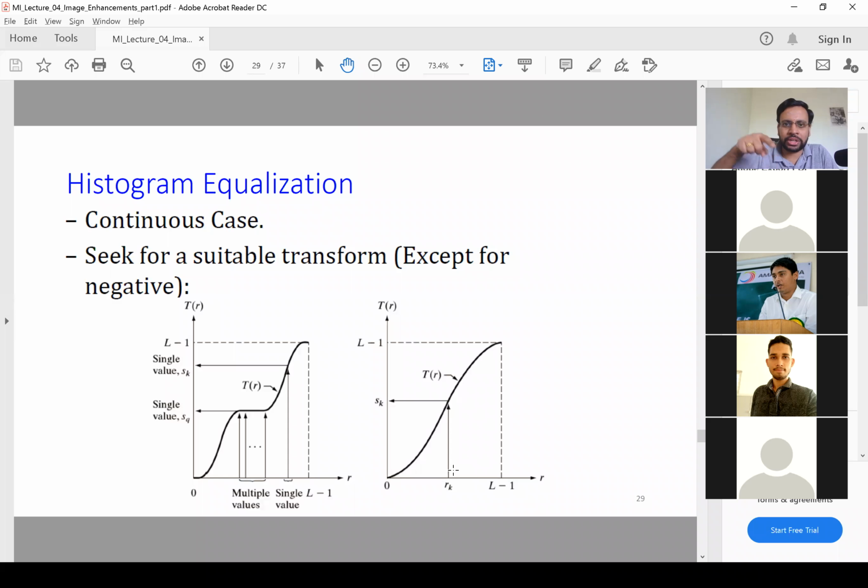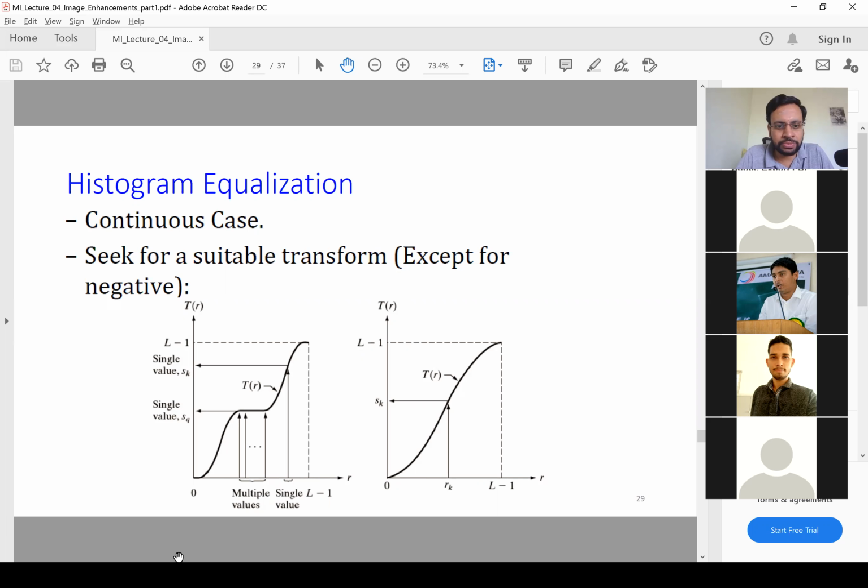But the moment your function is monotonously increasing, if pixel p1 has intensity i1 and pixel p2 has intensity i2, and i1 is greater than i2, then once you apply this transformation, these pixel intensities will still be either equal or greater, but the relation is never reversed.